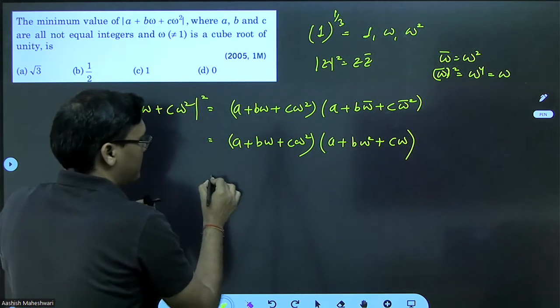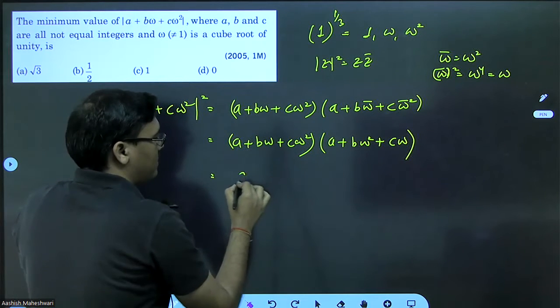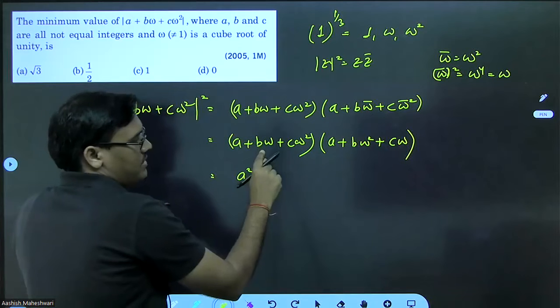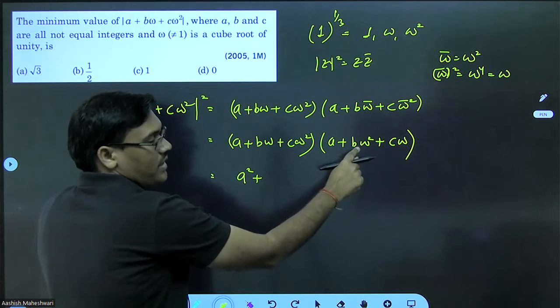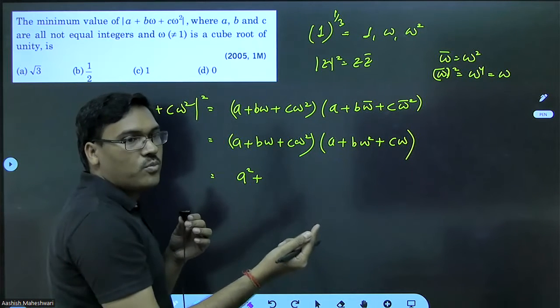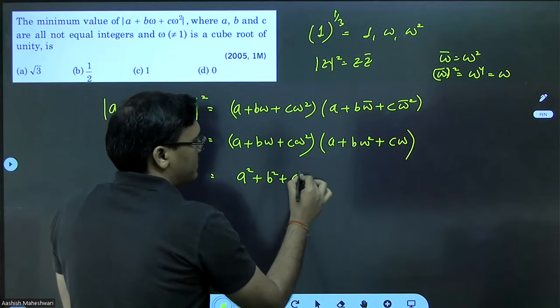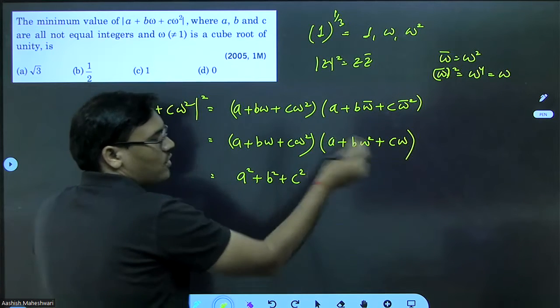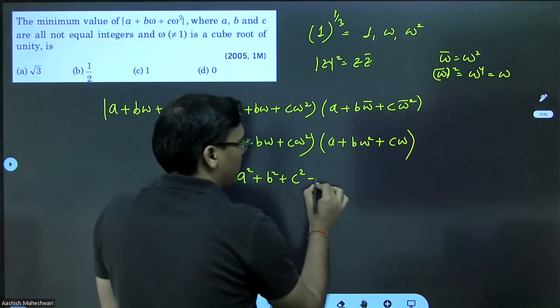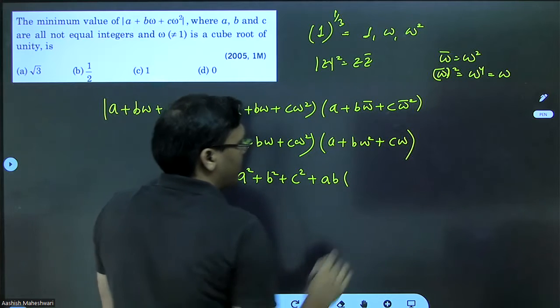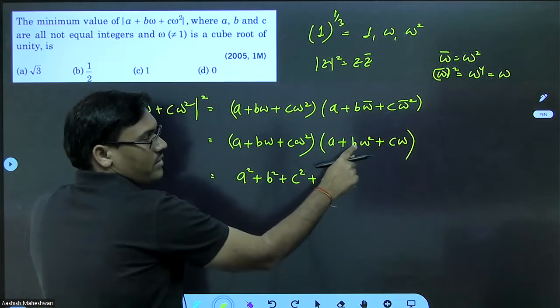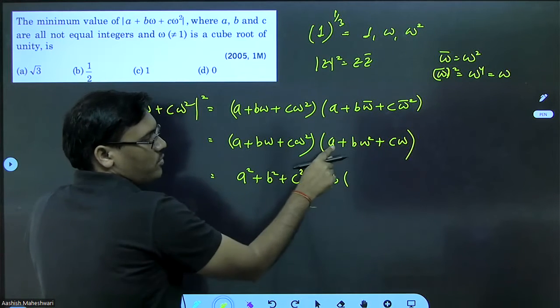If I just multiply this, you will have a square plus b omega square, this will become b square omega cube. Omega cube is equal to 1. So this is b square plus c square. You can see this is again c square omega cube. Plus you will find ab: a into b omega square, a into b omega.